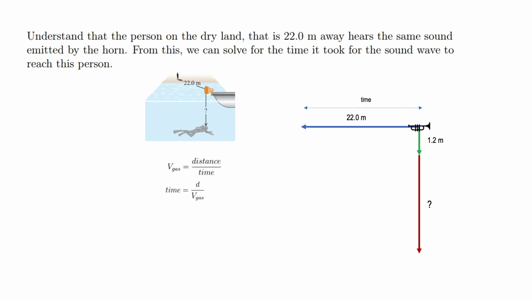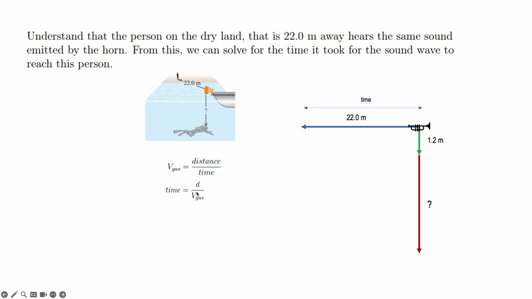So rearranging this equation, we get an expression for time. And take note that the time you solve for is the time it took for the sound wave to move from the horn to the person on the dry land. So that is just the distance, in this case 22 meters, divided by the velocity of the gas.